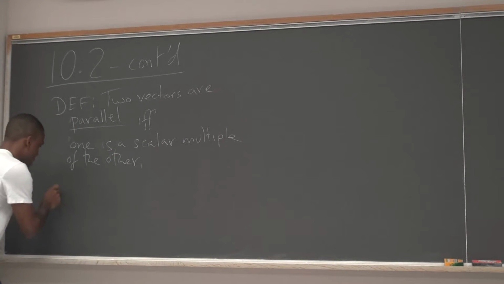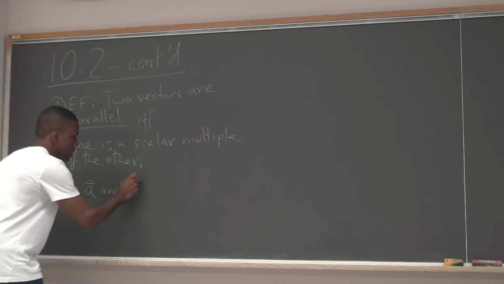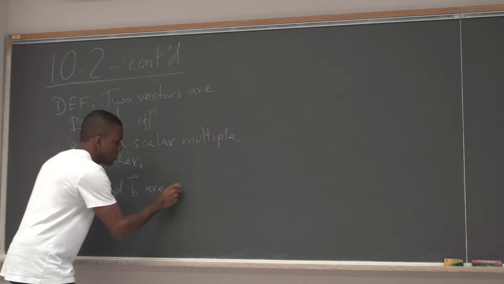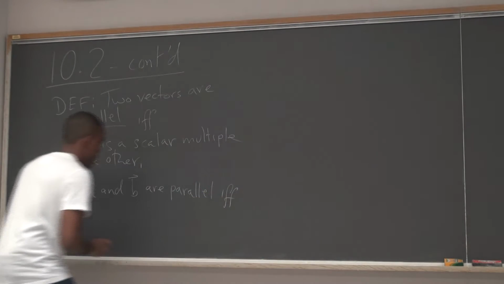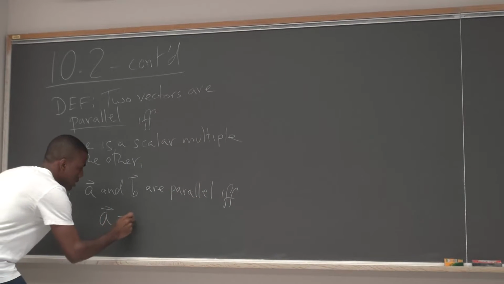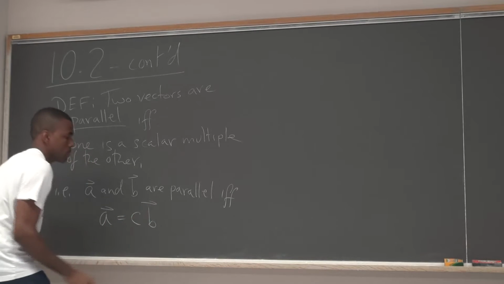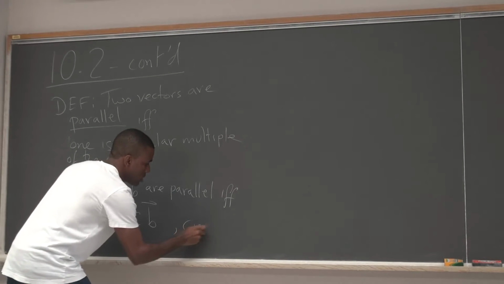Alright, so A and B are parallel if and only if A is a constant times B, where C is a scalar.